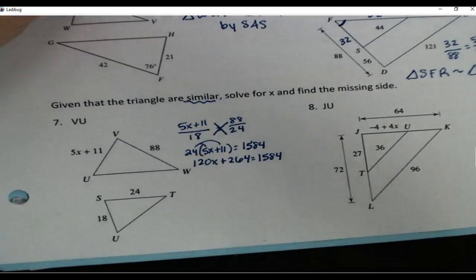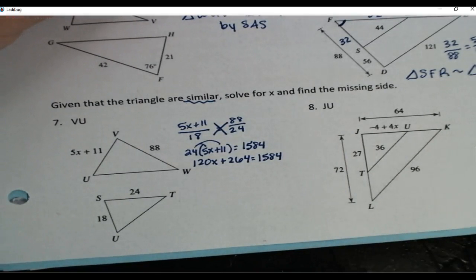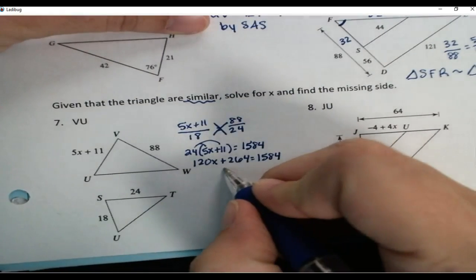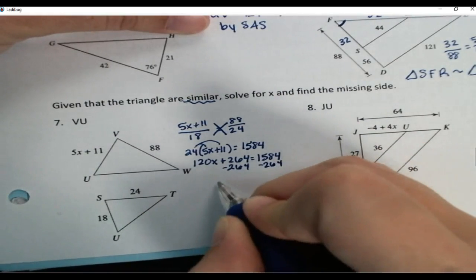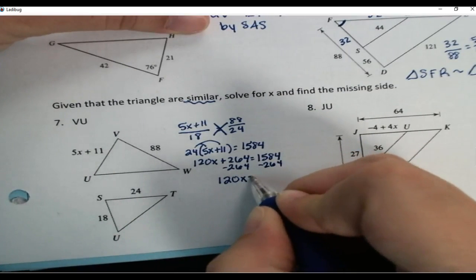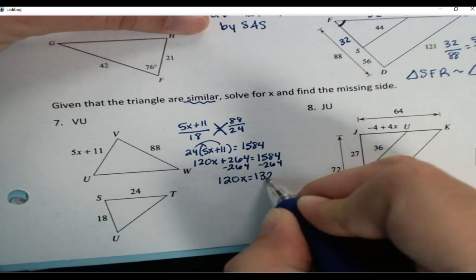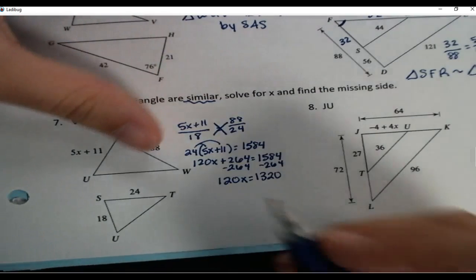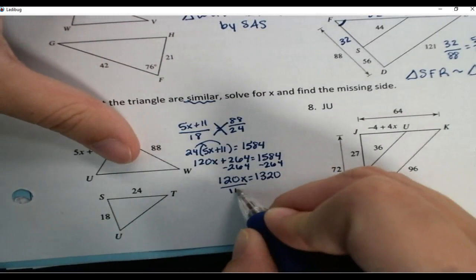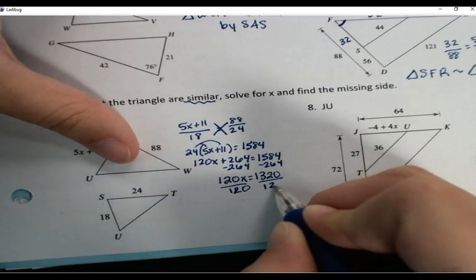And then it's just a regular old equation. So we subtract the 264. So 120x equals 1320. And then what's my last step? You got it, divide by 120.